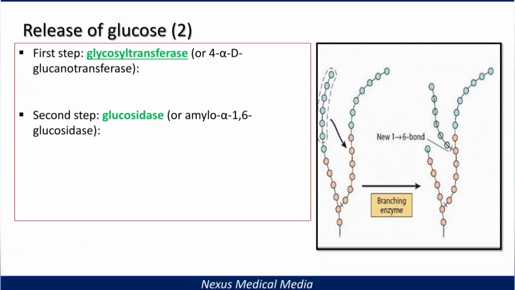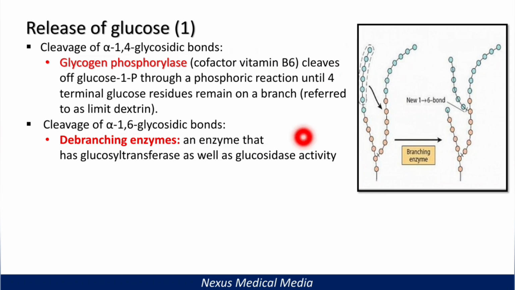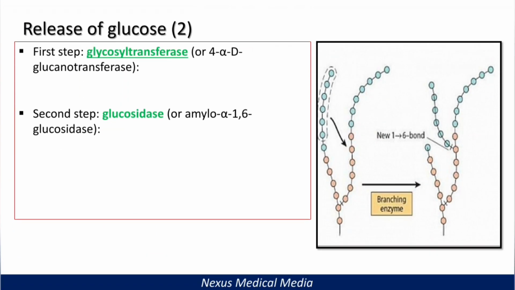All right, so just one more time, I want to remind you that we have synthesized 1,4 glycosidic bonds using glycogen synthase, and we have cleaved this bond using glycogen phosphorylase. The alpha 1,6 glycosidic bond is formed by the branching enzyme and is cleaved by the debranching enzyme. It's that simple, right?